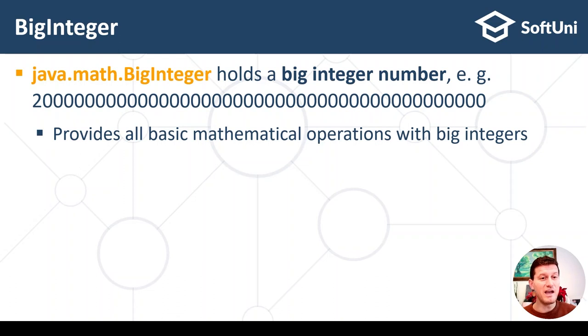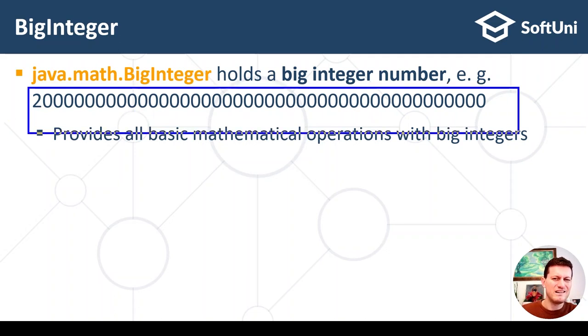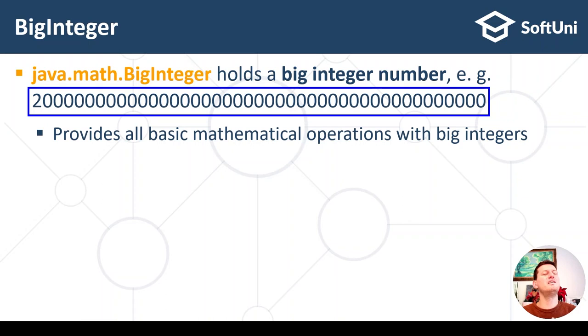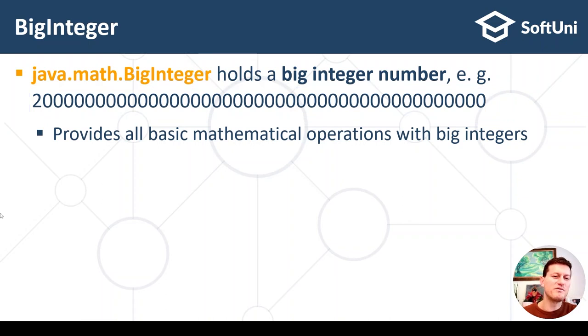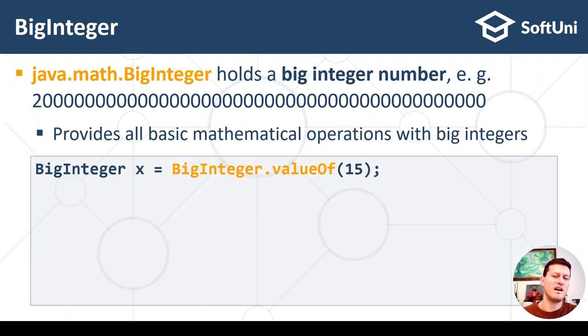So BigInteger in Java holds a big integer number. For example, it can hold this number, which will not fit in int, long, or other primitive types. And this class provides all basic mathematical operations with big integers, such as addition, multiplication, subtraction, etc.